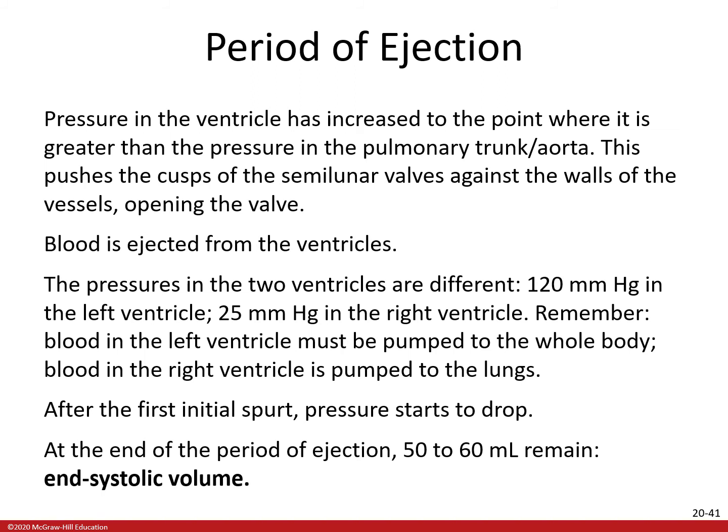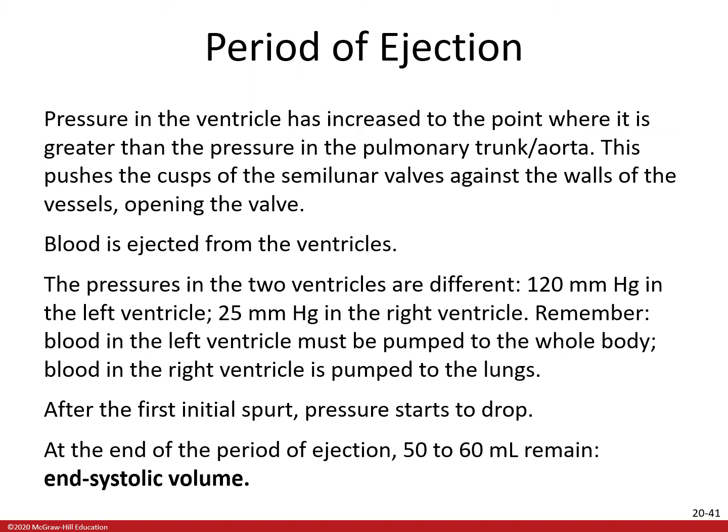As soon as ventricle pressures exceed the pressures in the aorta and pulmonary trunk, the semilunar valves are going to open. The aortic semilunar valve opens at approximately 80 millimeters of mercury ventricular pressure, whereas the pulmonary semilunar valve opens at approximately 8.